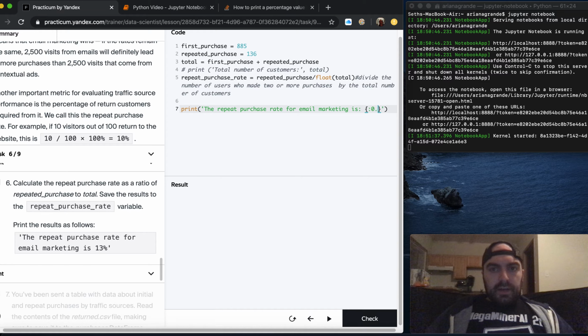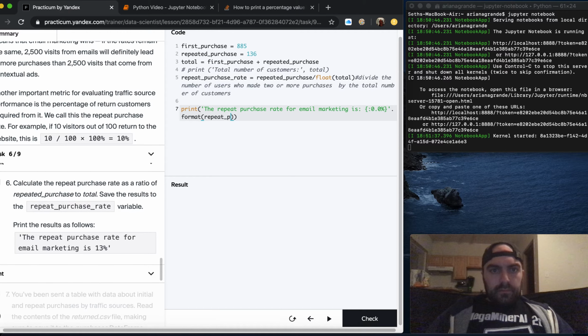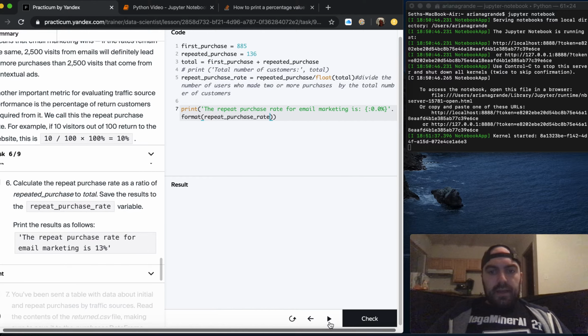Colon 0.0%. And then dot format repeat purchase rate. Okay, and print that. This is too easy.